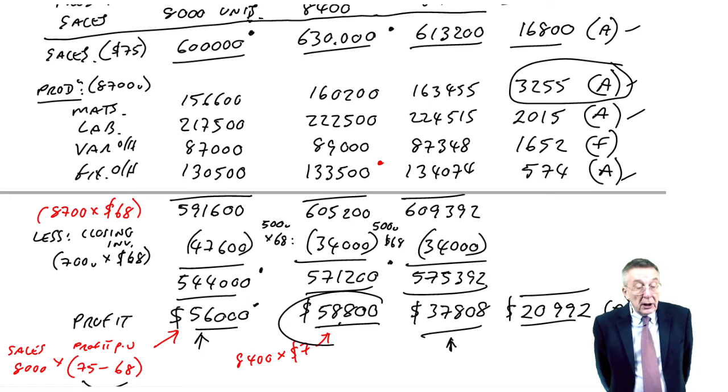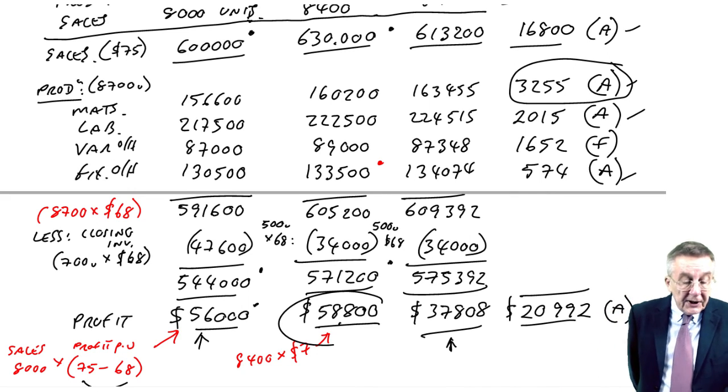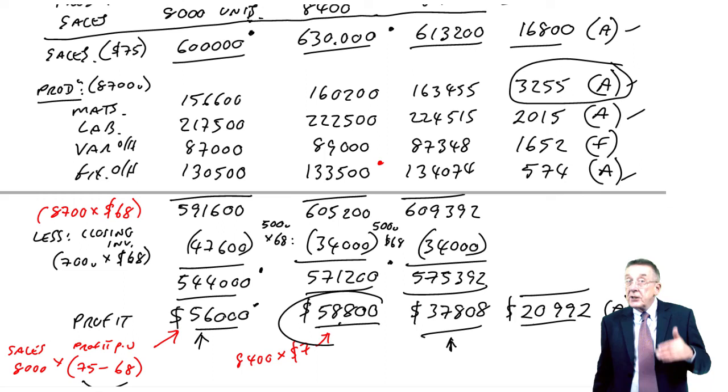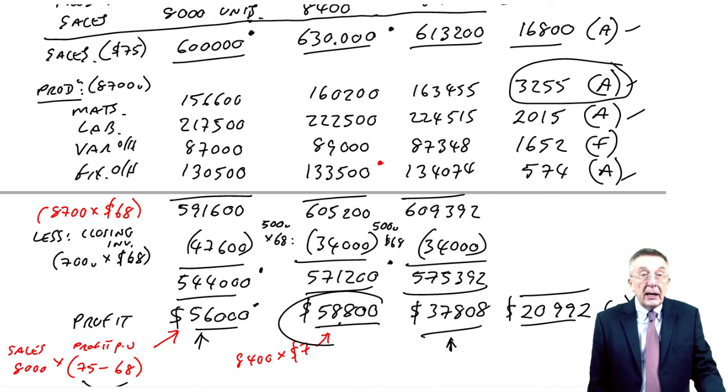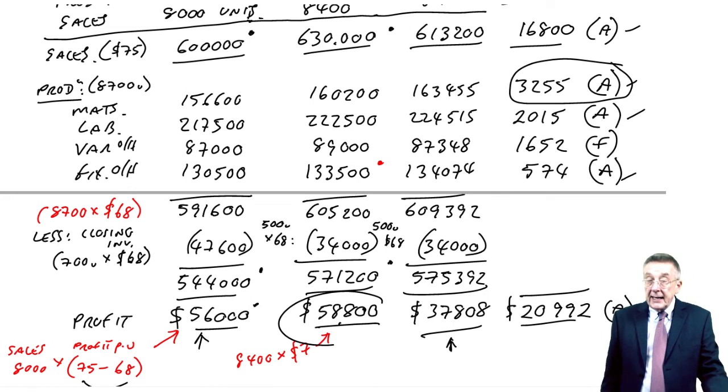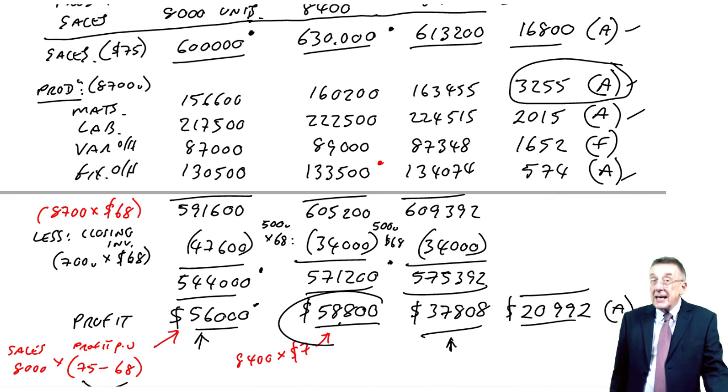But if you look at the original cost card, the materials were supposed to be 18 a unit and we've obviously paid more. But the reason this should have been 18 a unit is because we were expecting each unit to use 4 kilos. And we were expecting to pay £4.50 a kilo for the material.